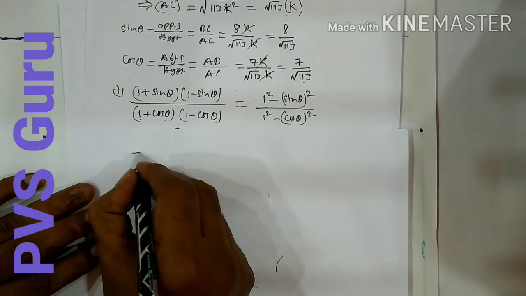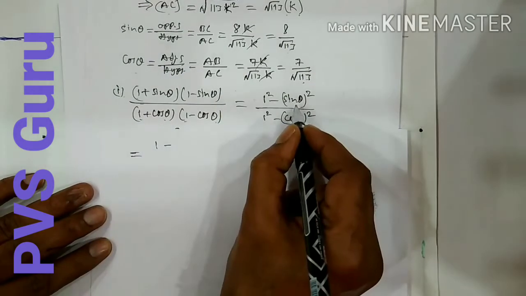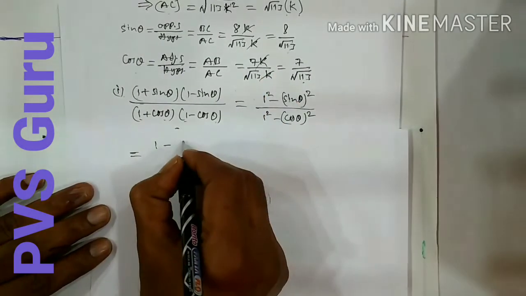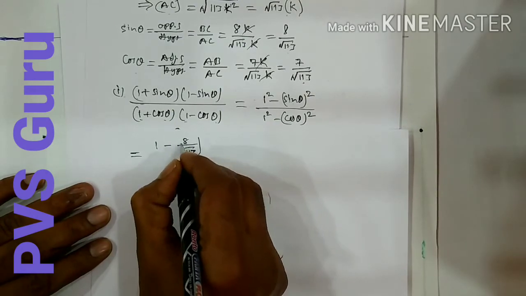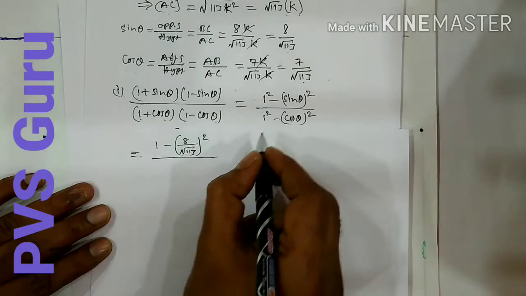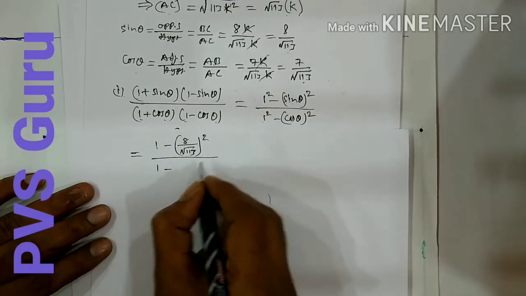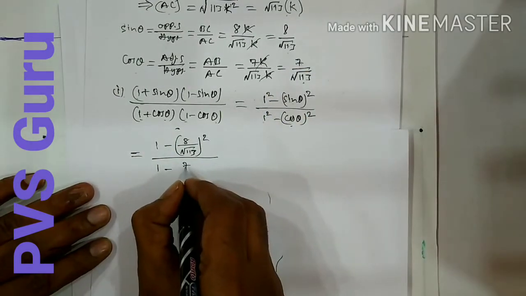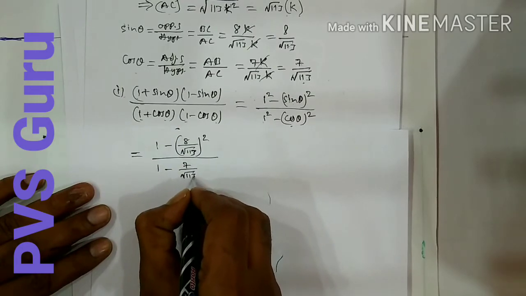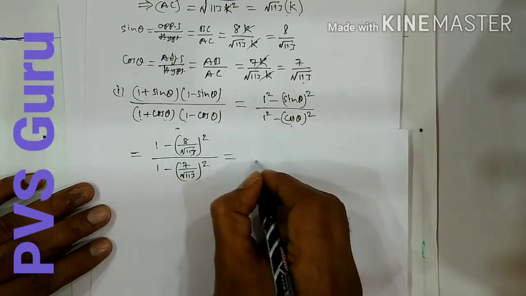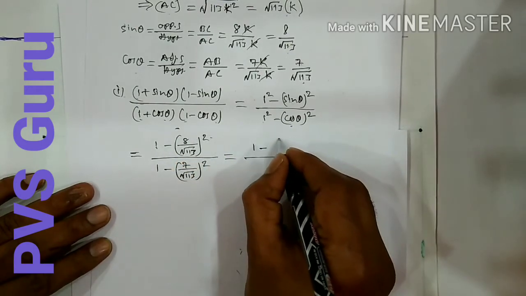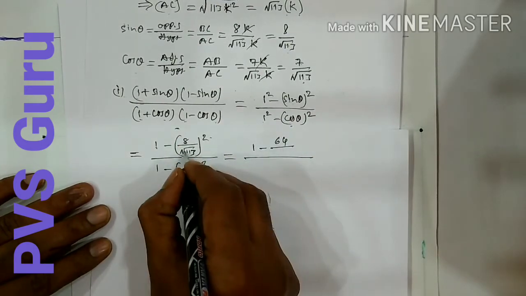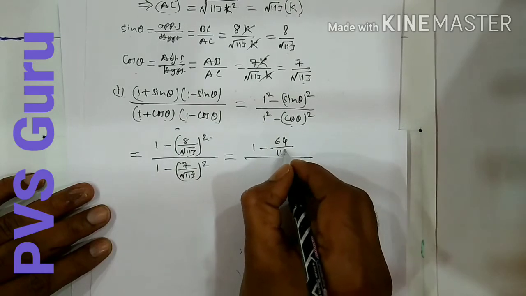So 1 minus sin theta, which is 8 by root 113, whole square, and 1 minus cos theta, which is 7 by root 113, whole square. This is 1 minus 8 square, which is 64, the square and root cancel, 113.